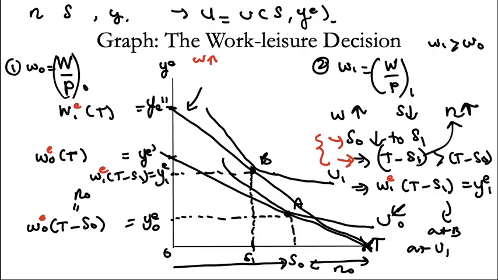Now you might be wondering, how do we know that there is a substitution effect and income effect? How do we visualize this in this diagram? Of course we can visualize it in this diagram, but the whole thing here is a revision of microeconomics from undergraduate.